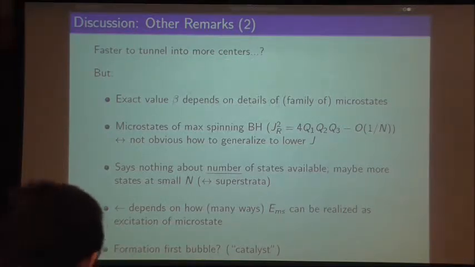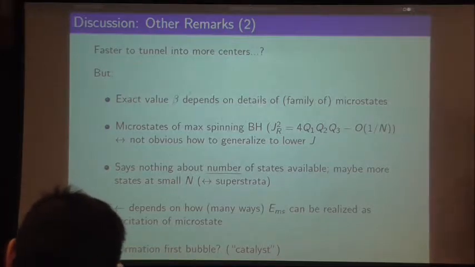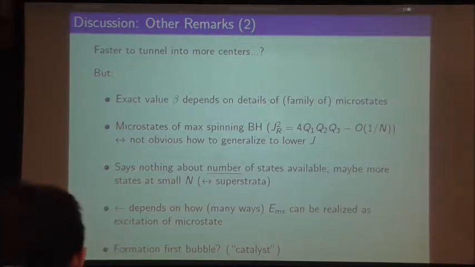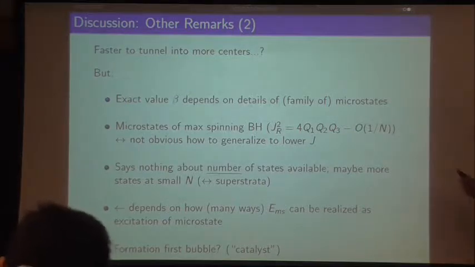All we're finding is that for a small number of centers, it might be more difficult to go into a particular state, but in the same spirit as for the black hole in total, it might be easier to go into states with a small number of centers because there are so many of them compared to a large number of centers.